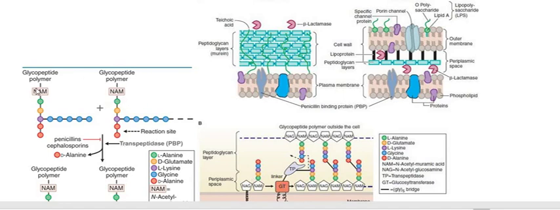These NAG and NAM are the raw material of the cell wall. The NAM forms the lattice structure of peptidoglycan, or the cross linking between the two N-acetyl-muramic acids.